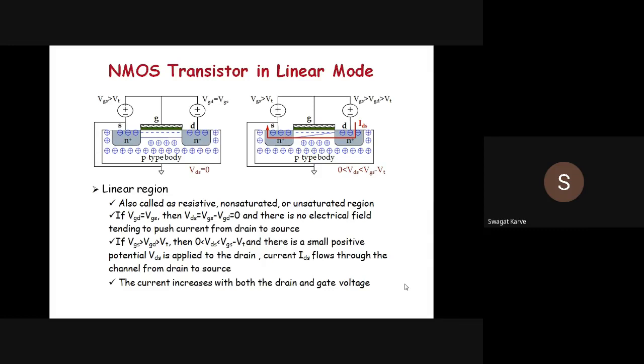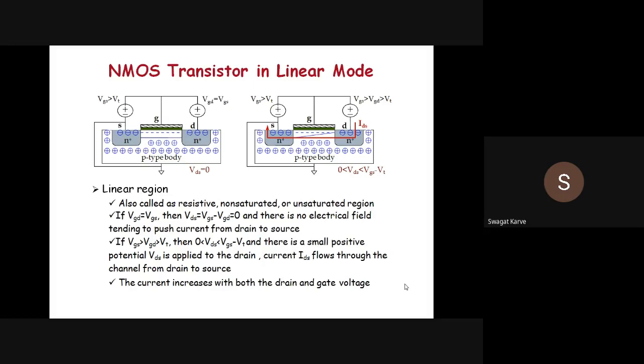Now, if you further increase the VGS and VGD, then what will happen to that drain current? If you increase the drain and gate voltage, then automatically the current will also increase, right? Consider if you have applied VGS just above the threshold voltage.